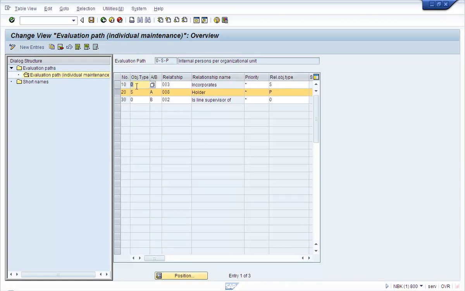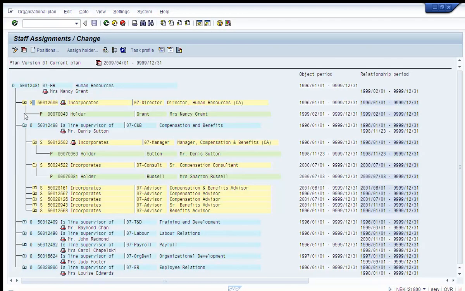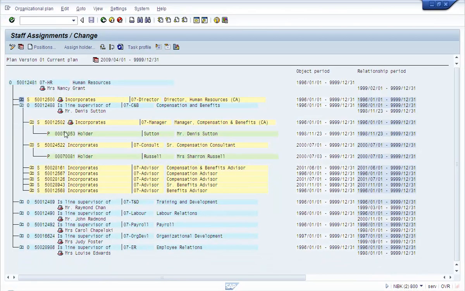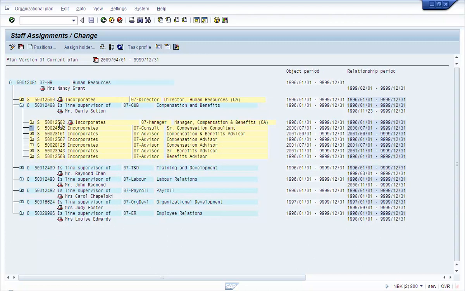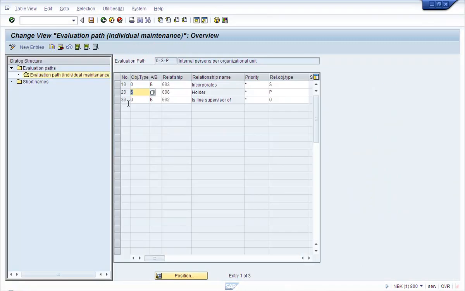Once the positions are read for the org unit, using the second row relationship, the system would read the persons assigned to those positions. For example, if this is our starting node, the system will capture all these positions according to the first row.